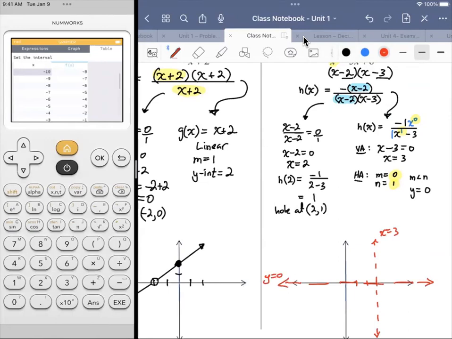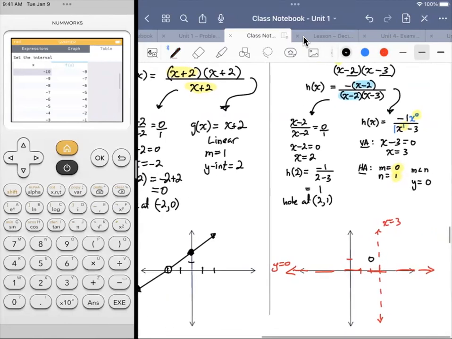I have a hole at 2, 1. So that's going to be an open circle at this location. All right. I can look for a y-intercept. However you want to go with the test points is fine. It's just basically we need one to the left of the vertical asymptote and one to the right.